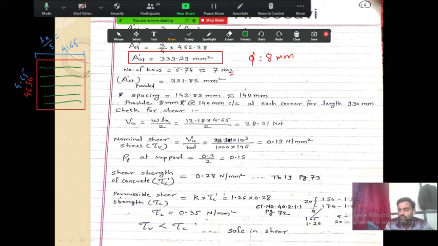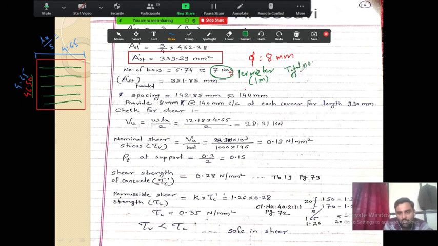See here, 4650 is the vertical length. Now, how many bars have we calculated? 7 bars, but these 7 bars are per meter. Per meter means we assume the width as 1 meter, but our total width is 4650.